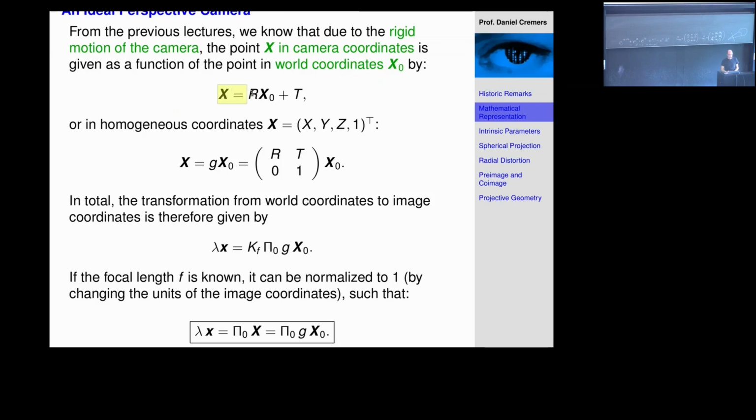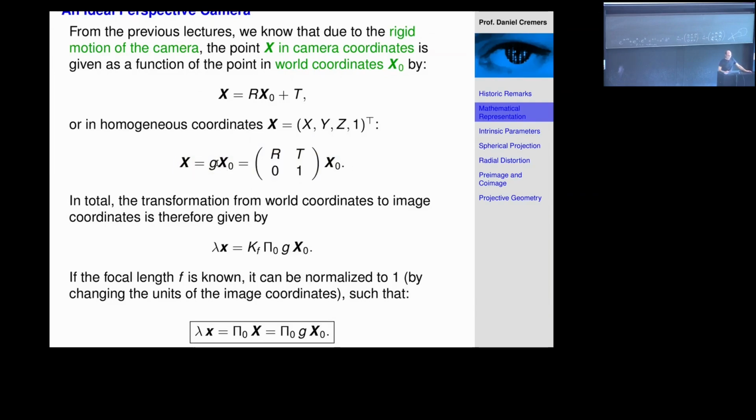So the 3D coordinate vector in the coordinates of my camera is actually R x0 plus T. So we have a point x0 in world coordinates, so fixed coordinates, and then we want to say what are the coordinates of that point with respect to my camera, where the z coordinate is in the viewing direction, etc. That differs by a rigid body motion, so x is nothing but R x0 plus T, or written in homogeneous coordinates, it is this equation here.